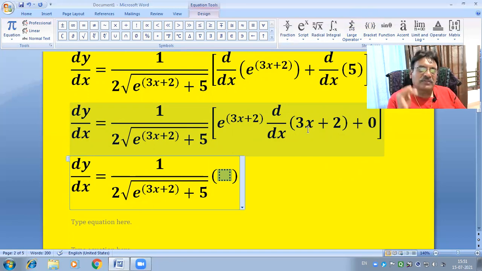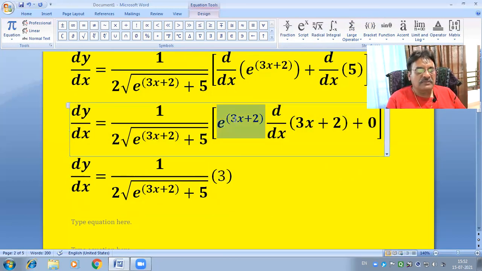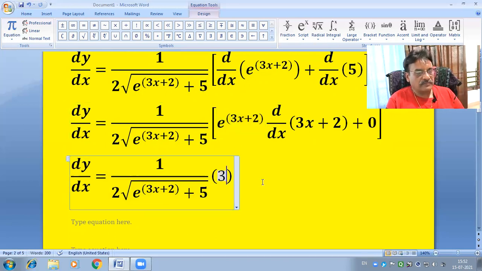Now by the formula d/dx of nx is n. Similarly, d/dx of 3x is 3, d/dx of 2 is 0. 3 plus 0, that is 3. 3 into this e to the power 3x plus 2. So right here, 3 into e to the power 3x plus 2.